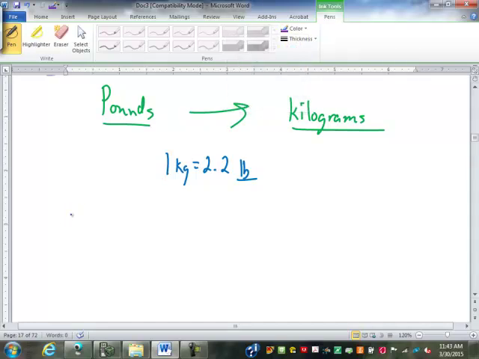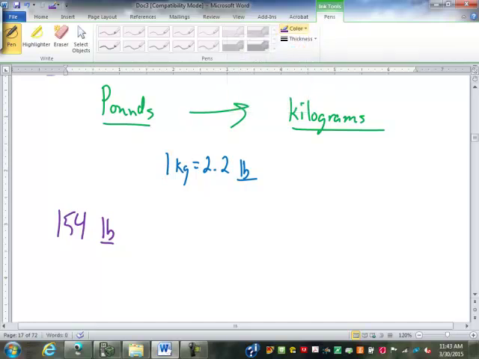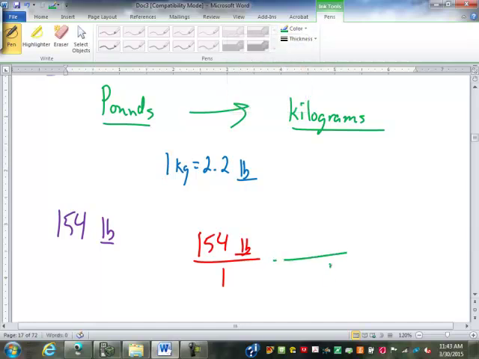So a bit of a reminder of that calculation. Let's say we have a patient that comes in at 154 pounds. To find their weight in kilograms in metric, technically what we would do is put this over 1, and we would multiply by a conversion factor, where pounds go on bottom and kilograms on top. 1 kilogram is 2.2 pounds.